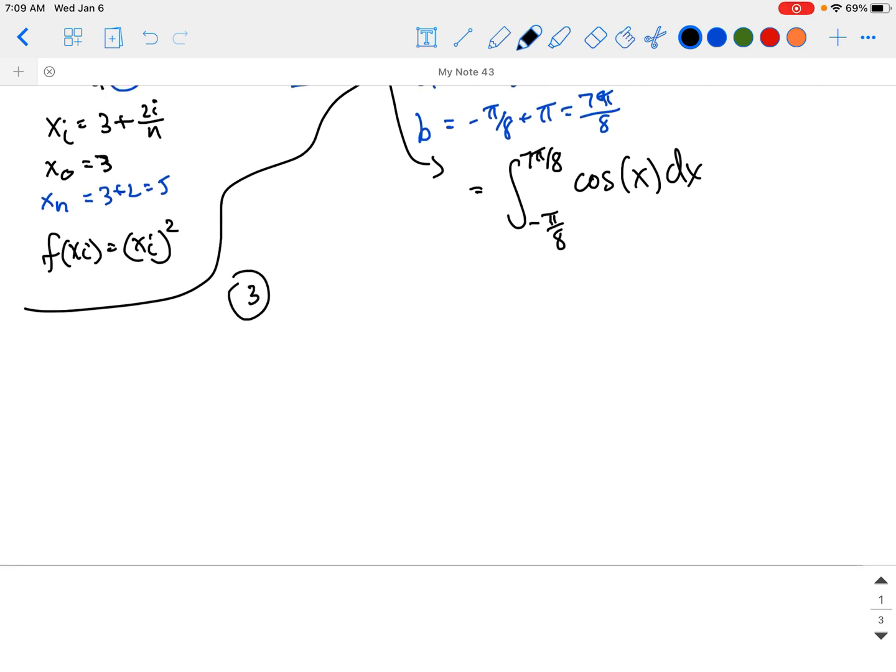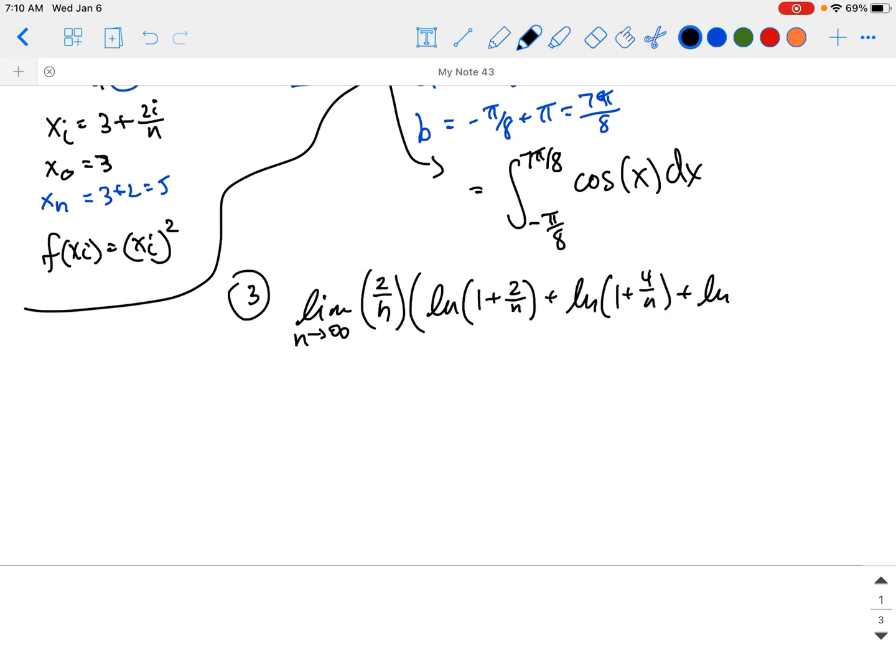An example of that might be the limit as n goes to infinity of, let's say, 2 over n times log of 1 plus 2 over n, log of 1 plus 4 over n, log of 1 plus 6 over n, adding all of those terms all the way up to the natural log of 3.